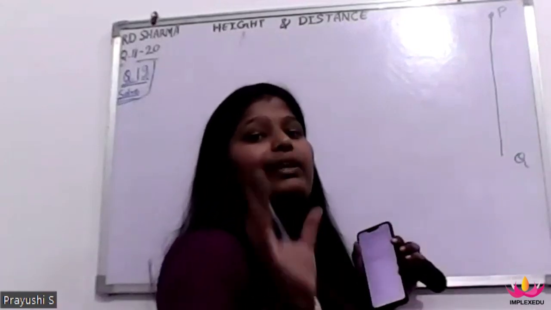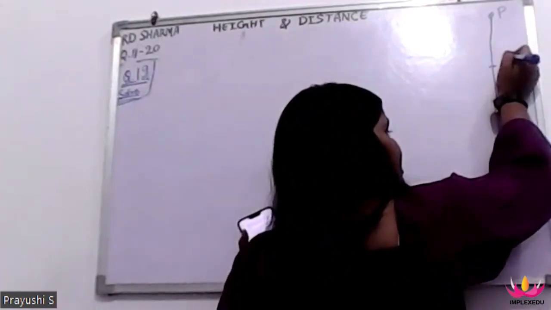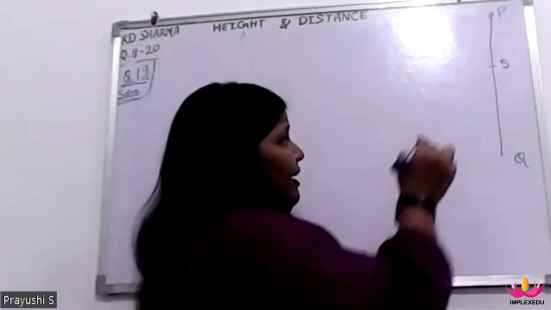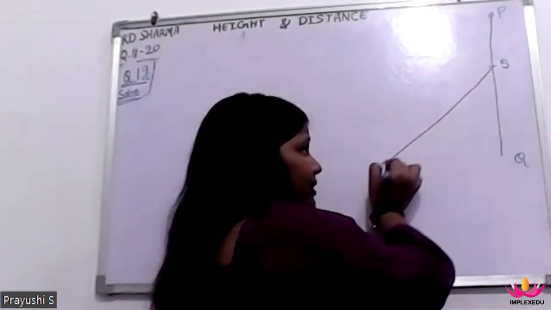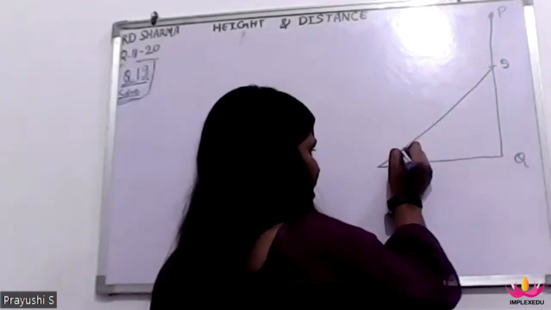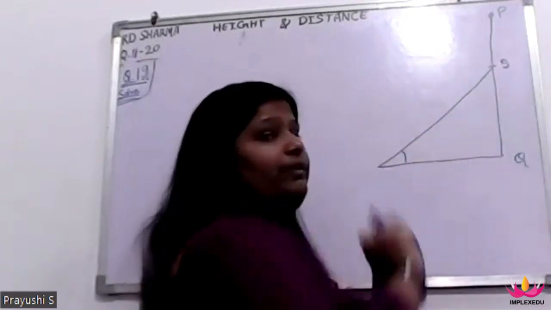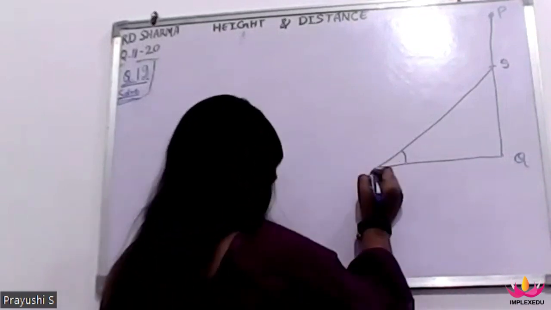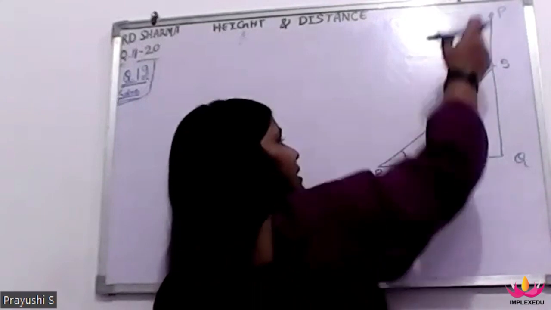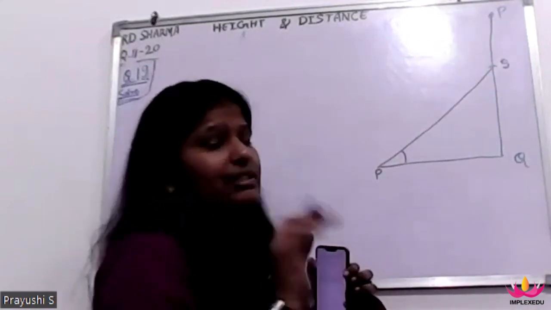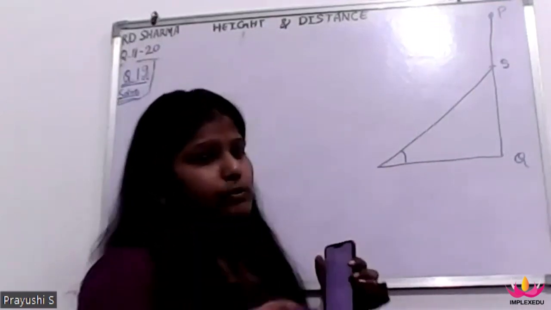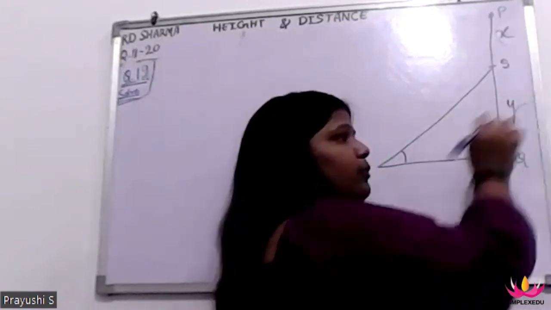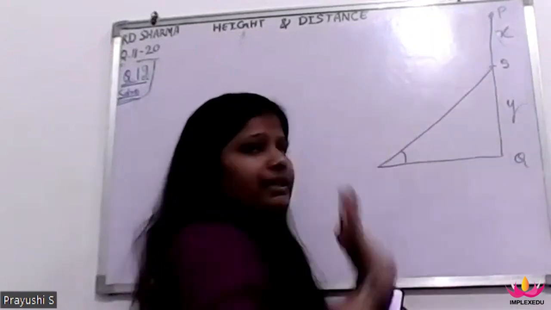And when the storm came, from point S, the branch broke down, and when it broke down, it came here, making an angle with the ground at the top of the broken tree. If I say this part is X meters and this part is Y meters, this part is X, this part is Y, okay?